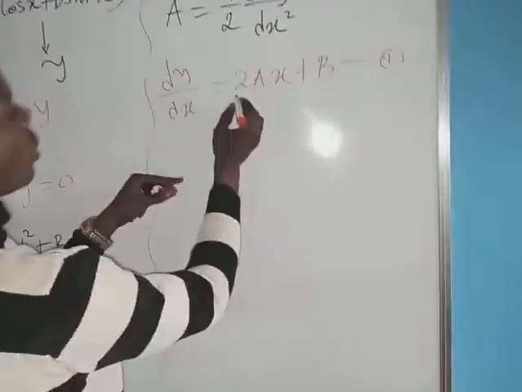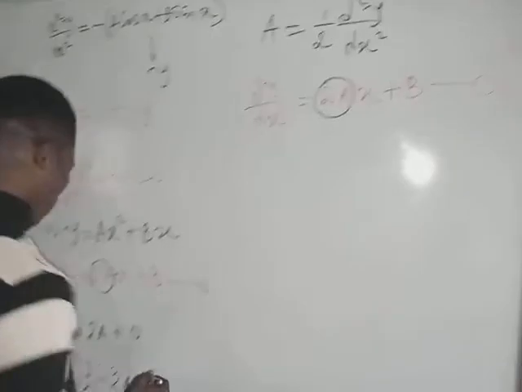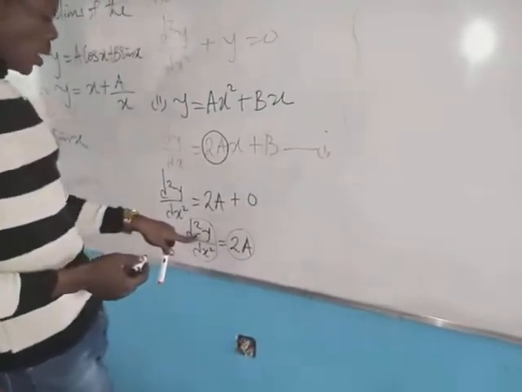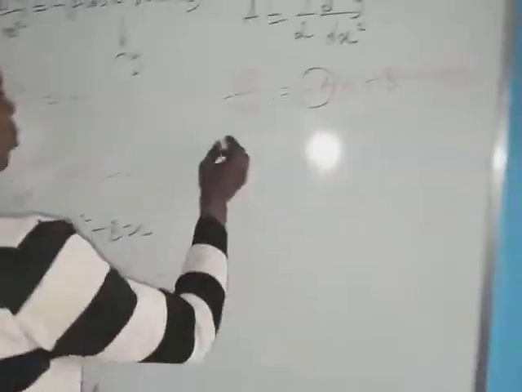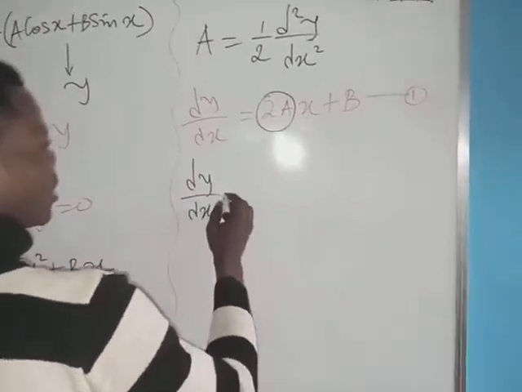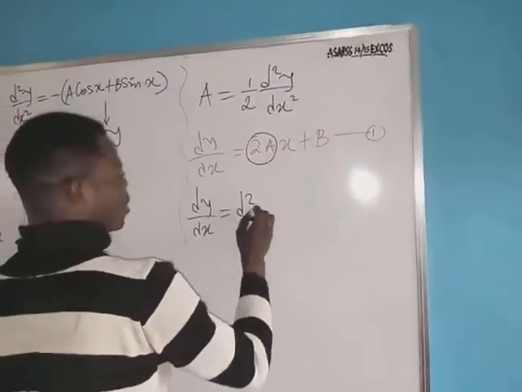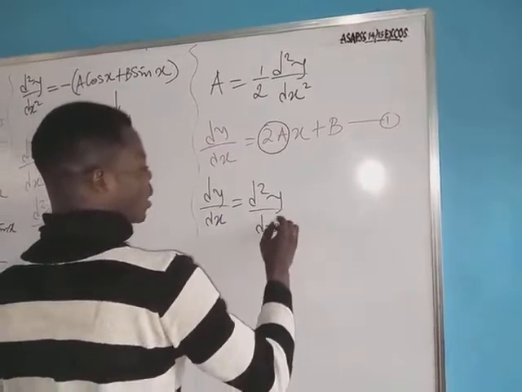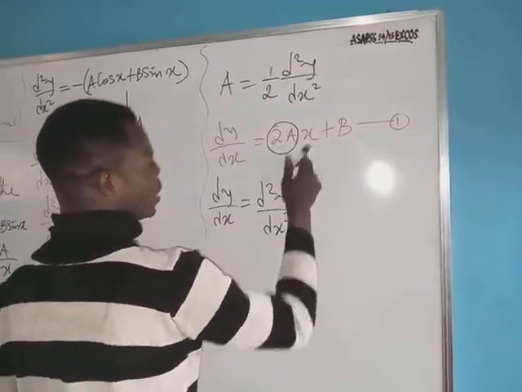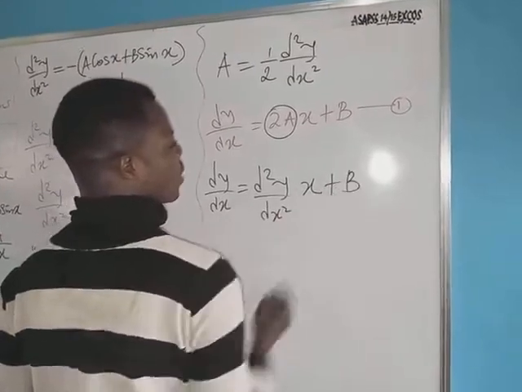And when you substitute this for this, then I will have dy by dx equal to d squared y by dx squared, then into x, then plus b.